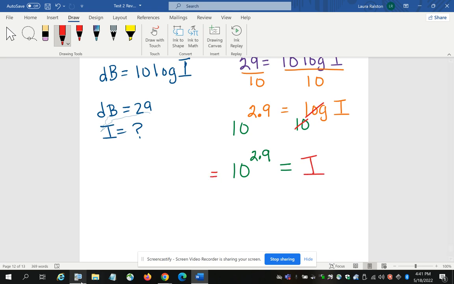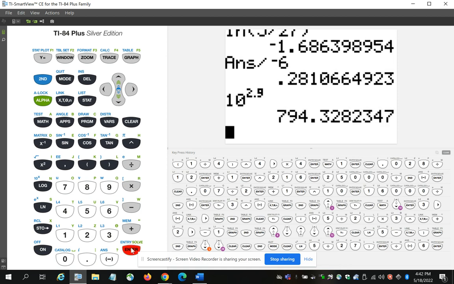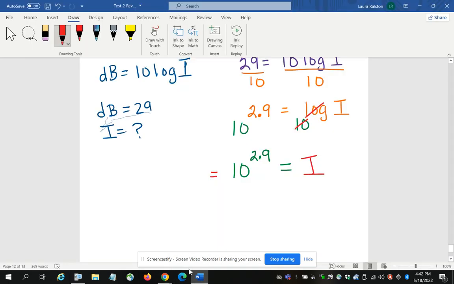And so then I can go out and do that on my calculator. So I would have 10 raised to the 2.9 power, which gives me 794.3282347.